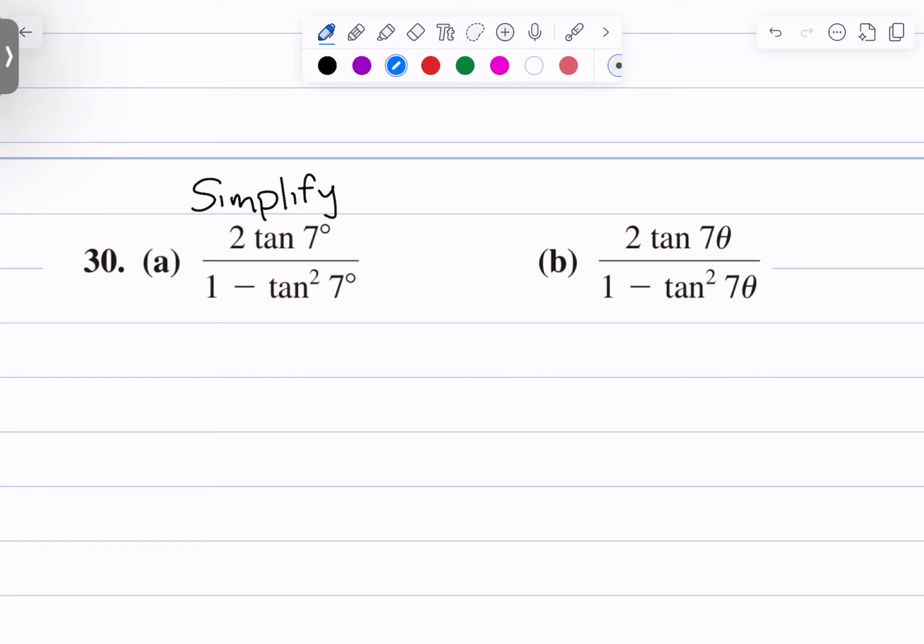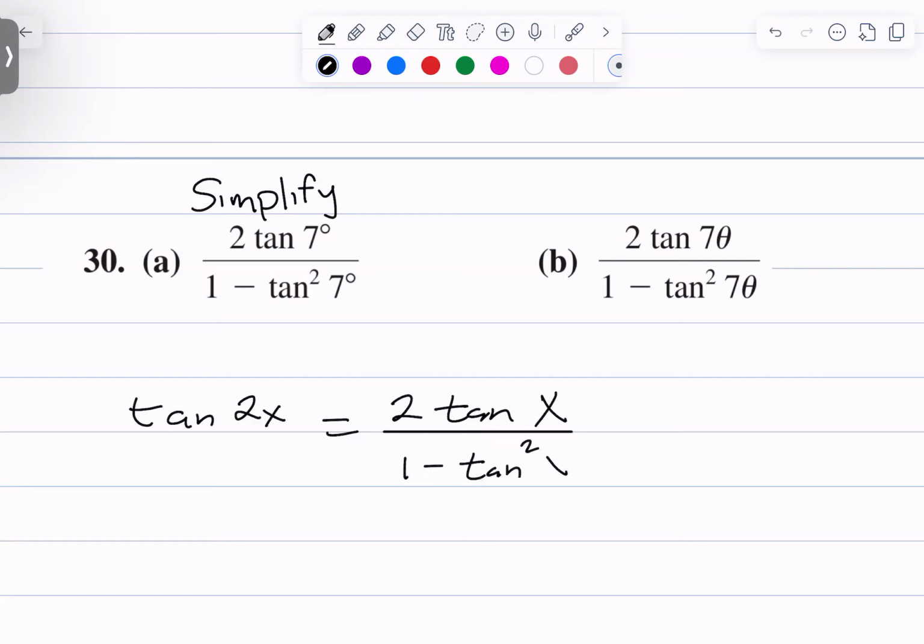Well, there's a bunch of tangents, so it must be the double angle formula for tangent, right? What I'm looking at is this formula here: tangent of 2x equals 2 tangent of x over 1 minus tangent squared of x.